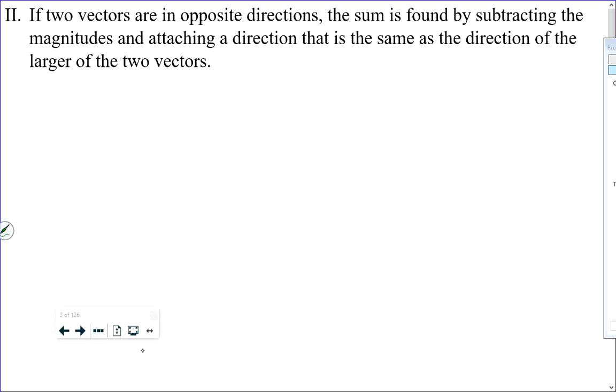If the two vectors are in opposite directions, then you add the vectors by subtracting the magnitudes. We're still adding the vectors. It's just that if, for example, I had 35 kilometers west and 55 kilometers east, you subtract the magnitudes. You take the magnitude that's the larger one, in this case 55, and subtract the smaller magnitude, which is 35. Hopefully we know that's 20.